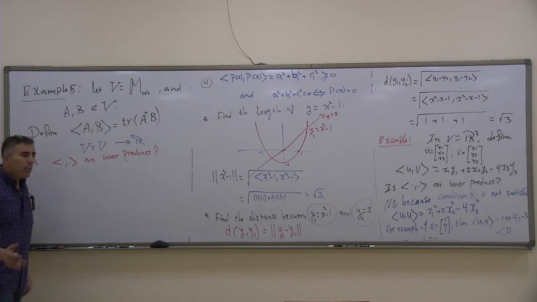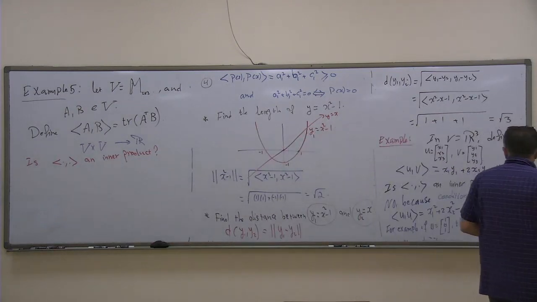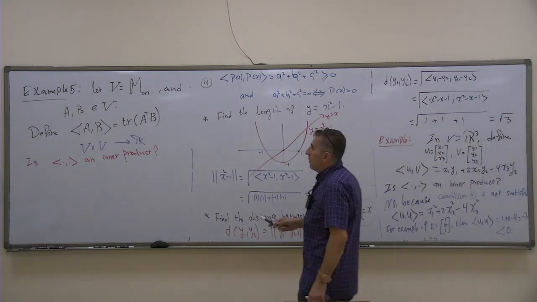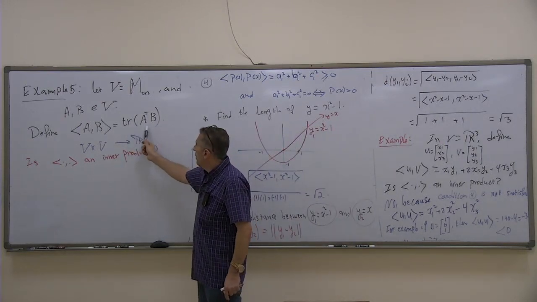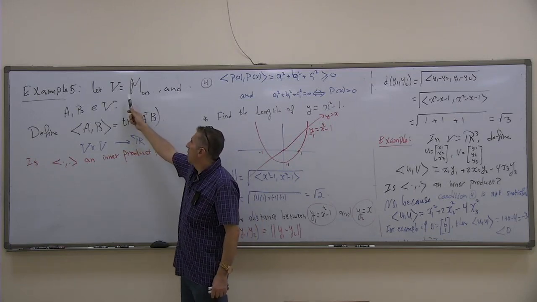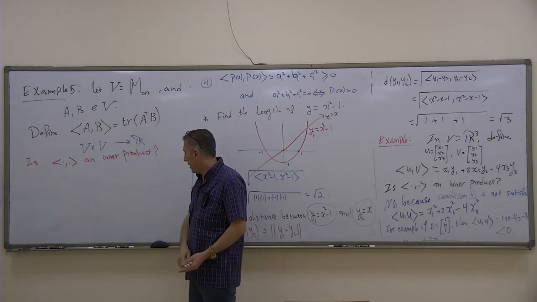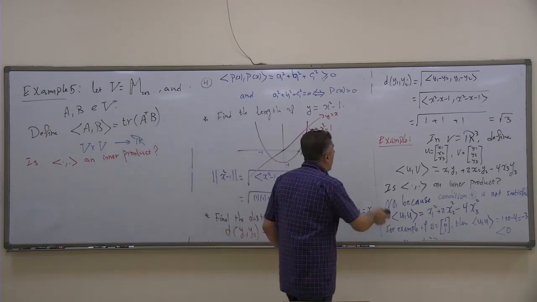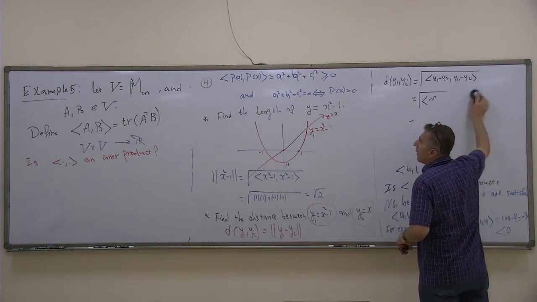Well, we need to check the 4 conditions. Now, in case you don't see this, or you don't understand this, you can try here to take specific matrices and unfold this and try to understand it better. So let's do it here like in the margin. What is trace A transpose B?